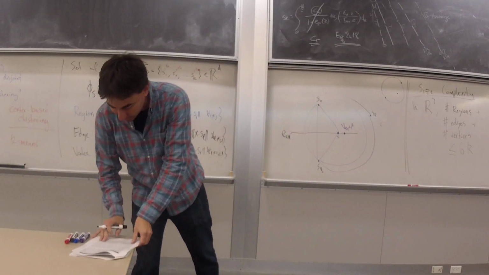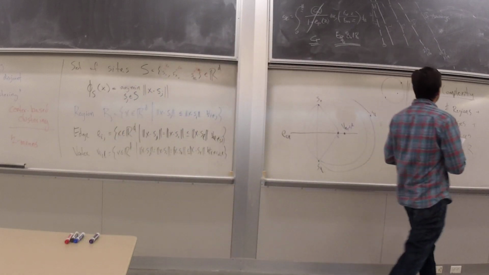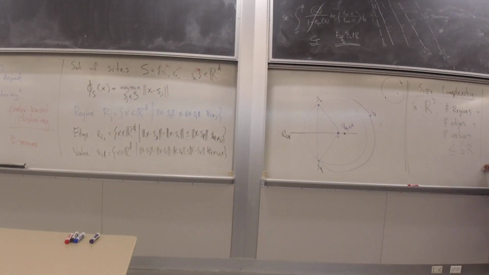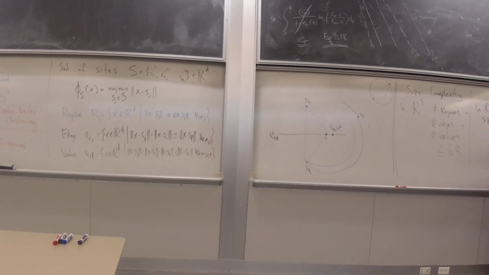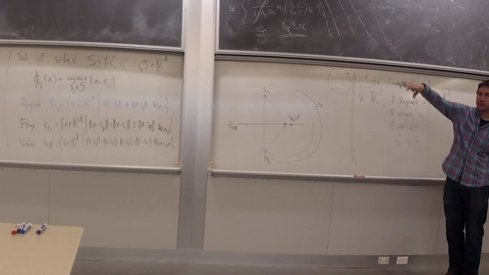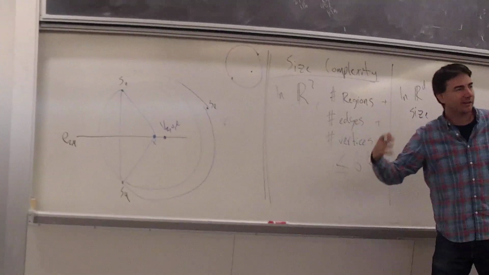Okay, so the bad news about this is that in R^d, the size, the complexity, the number of regions, edges, vertices, and in fact there are more complex objects that appear as well. You get these two-dimensional subfaces and so forth.